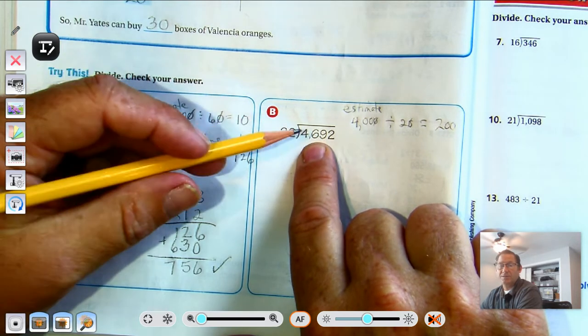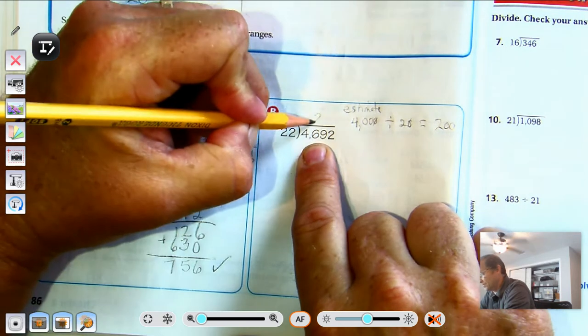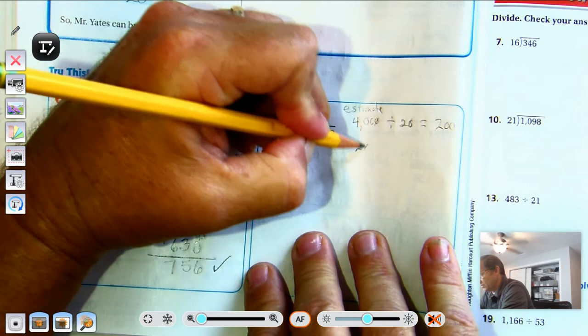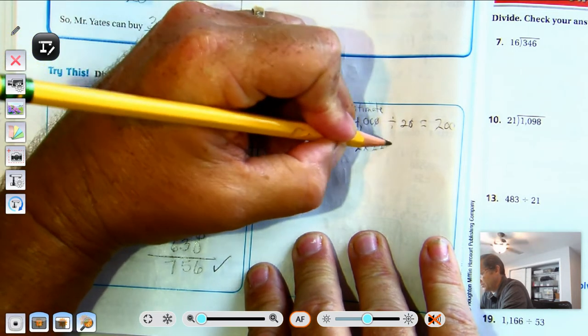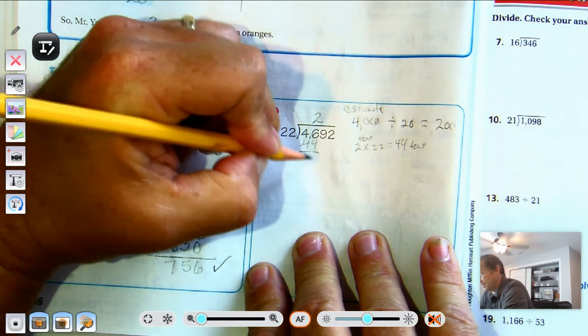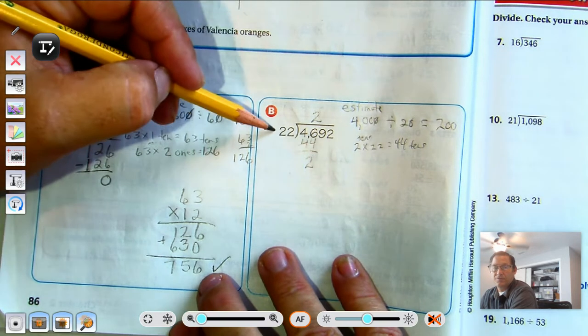So how many 22s can I take from 46? Well, that would be 2. Because if I double 22, that would be 44. So 2 times 22 is 44. Subtract, that gives me 2 left over, which can't be shared with 22.